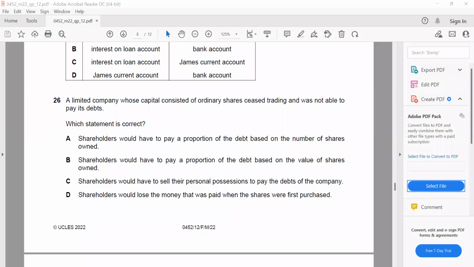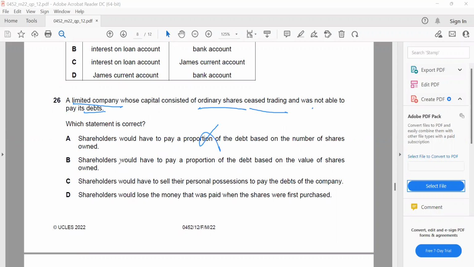Okay, question 26. A limited company whose capital consists of ordinary shares ceased trading and was not able to pay its debts. Which statement is correct? This is a limited company, so it has limited liability. With limited liability, shareholders don't need to pay the debt. Shareholders will have to pay a proportion of the debt?